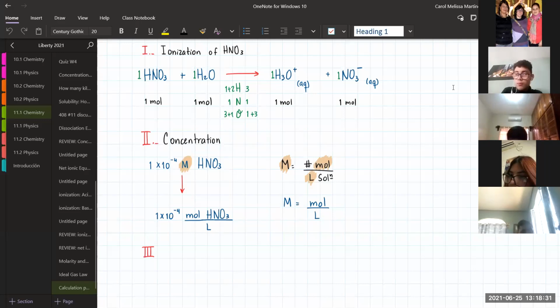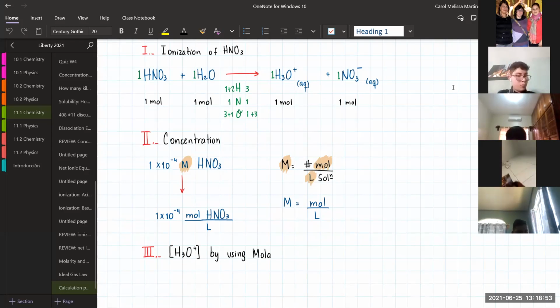In the third step, we're going to get a concentration of hydroxide ions by using molar ratios. This is stoichiometry.